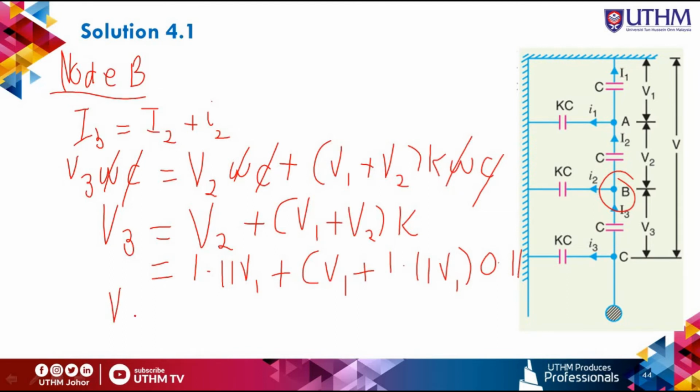Then we get V3 equals 1.342 V1. So we have V2 and also the equation for V3.